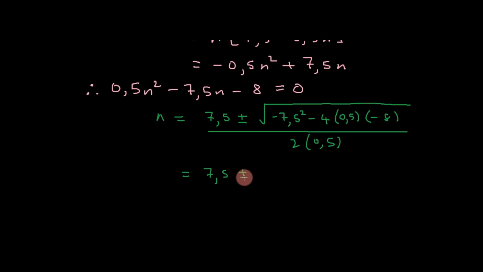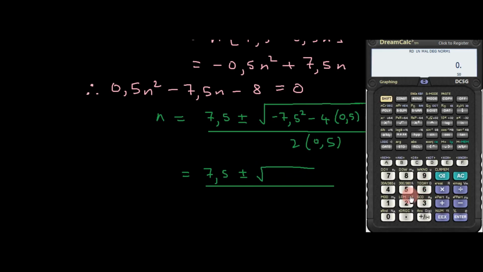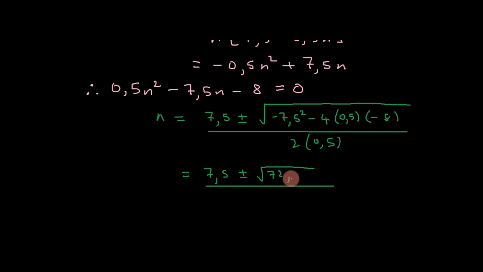So plus or minus. We can first work under the square root again. So let's see what that comes to. And that's 72,25. 2 times a half, of course, is 1. So it's all over 1.